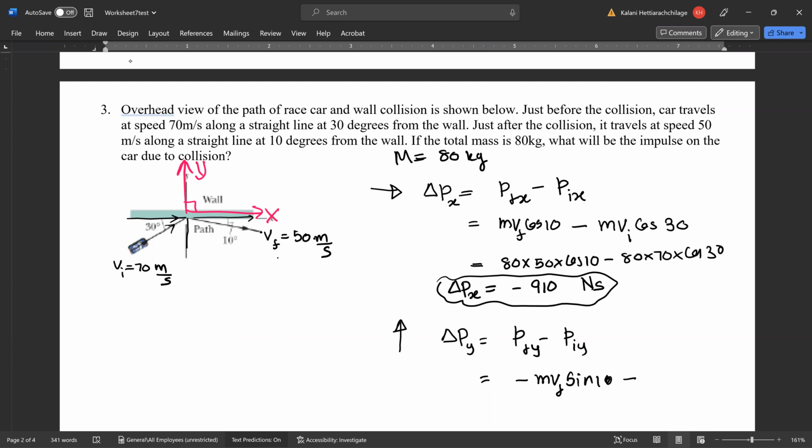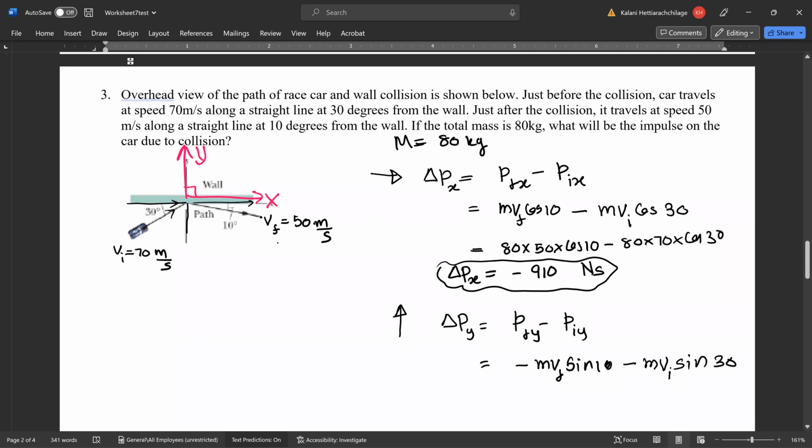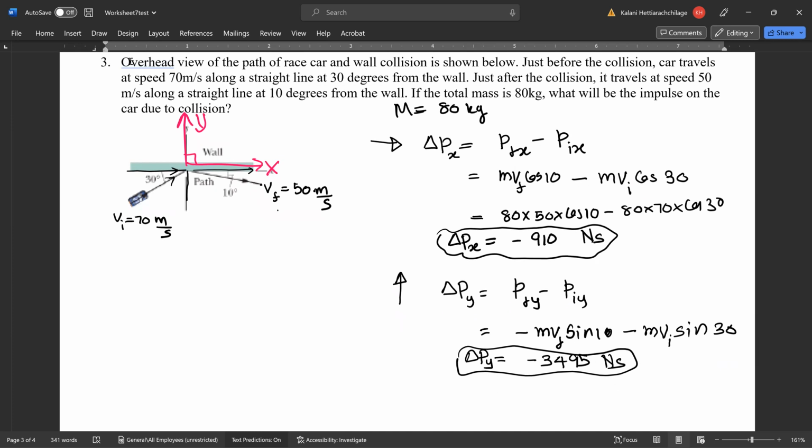So that will be m V initial sine of 30. Okay. Again, plug in the values, and I have dy equal to negative 3495 Newton second. Okay, so now I have the x direction and the y direction. Now I need to calculate the impulse.